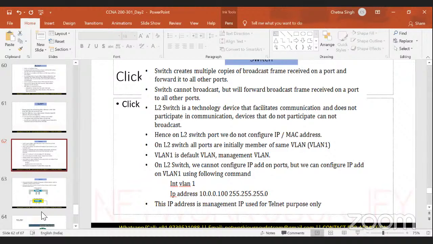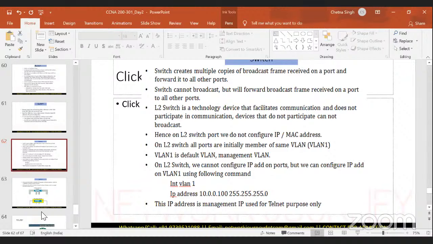Unlike a router, we will see that it will be able to modify the content of the packet. So it has the ability, or I can say that it participates in the communication. Okay, so a switch cannot broadcast, but it will forward the broadcast. Unlike a router, which will broadcast, but will not forward the broadcast frames.